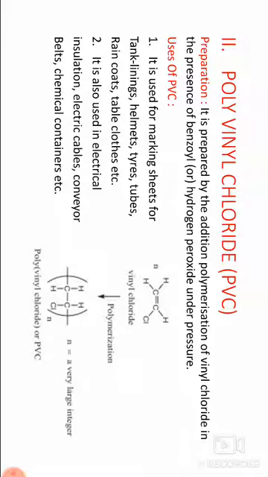It has the same structure, but one hydrogen position is changed to chlorine, with the 3 hydrogens the same and the double bond also the same. In this double bond, one is a sigma bond and the other is a pi bond.